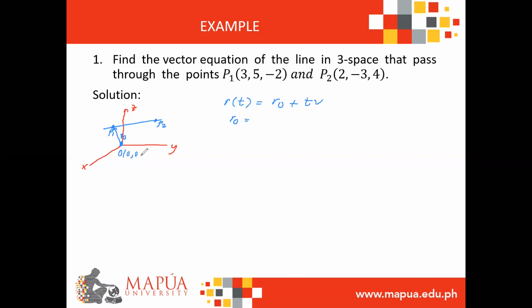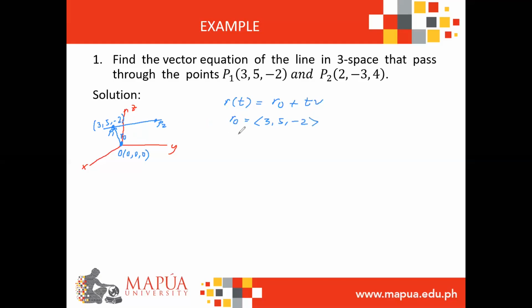We have the origin as 0, 0, 0 and for P1, we have 3, 5, negative 2. So in getting the components of your vector r sub 0, it will be the difference between these two points, where the terminal point is P1 and the initial point is the origin. So r sub 0 is 3, 5, negative 2.